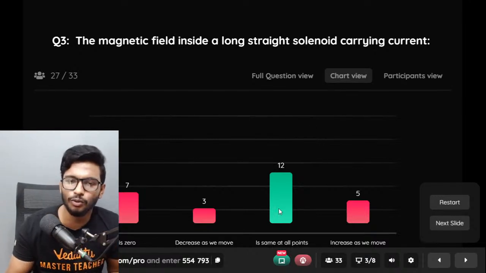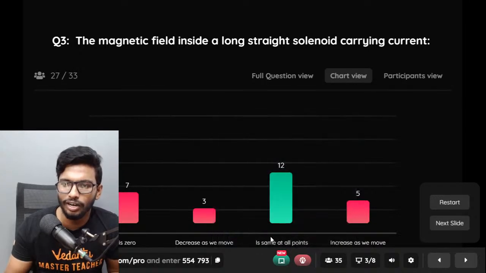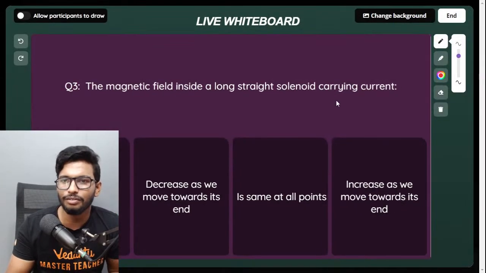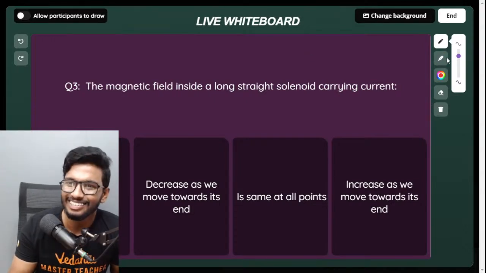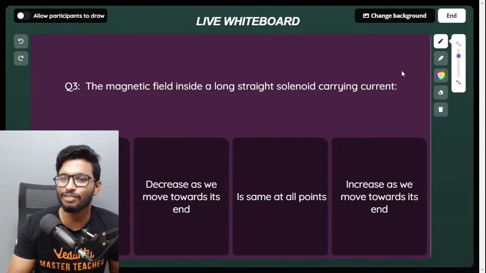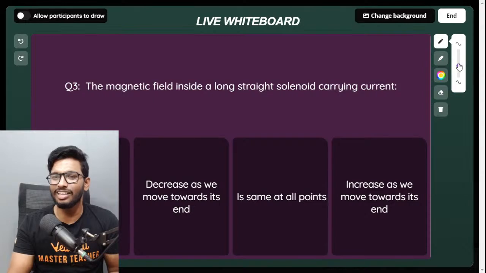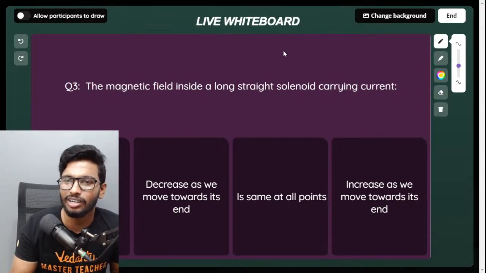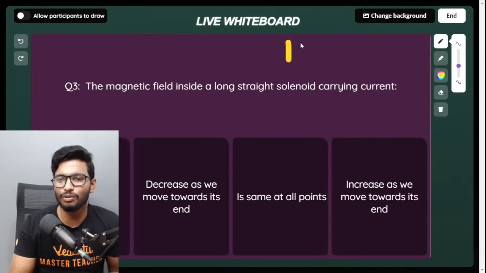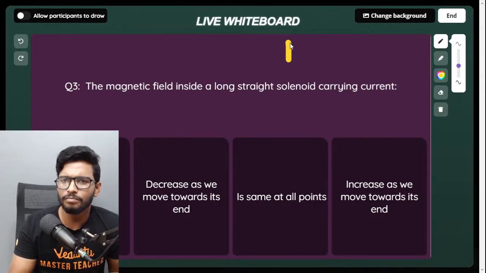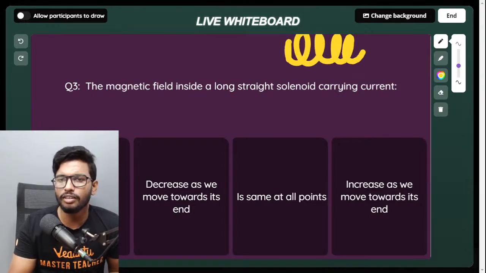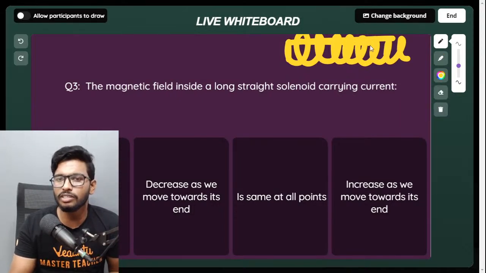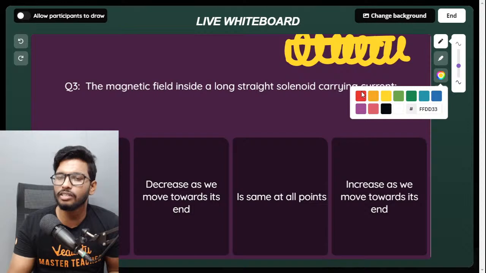Absolutely, guys, because inside the solenoid, if you try to draw it out, imagine there's a solenoid. Inside the solenoid, you have magnetic field lines, which are basically moving from south to north, just like how it happens in a bar magnet.